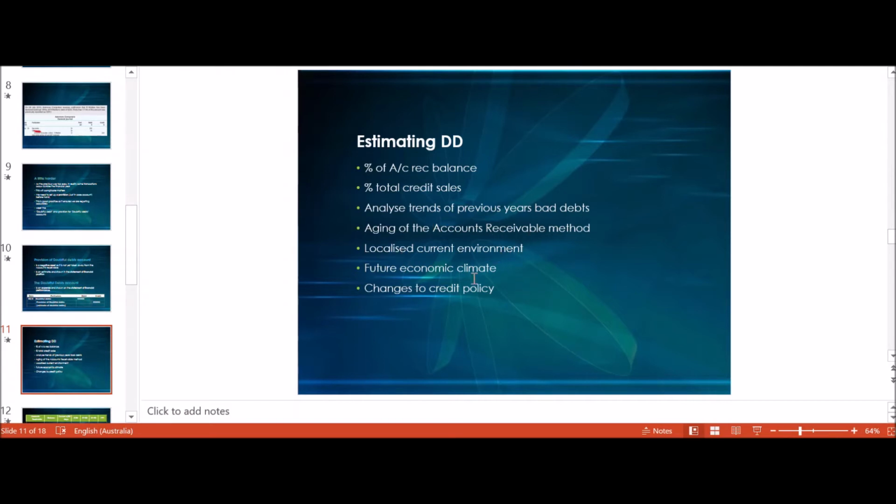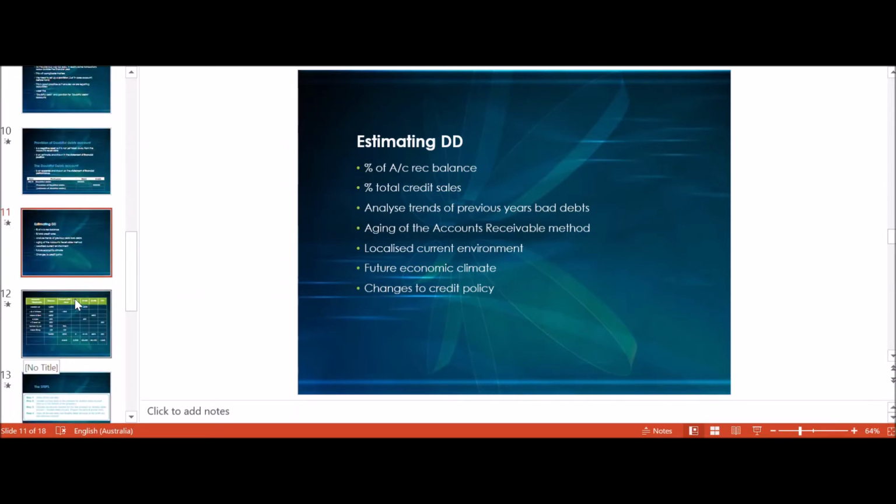We need to look at the business, what's happening, what regulations are in, how our business is going, and generally any changes you've made to credit policy. Too tight a policy, you might discourage potential customers from purchasing off you. At the same time, you need a strict tight policy because you need to stop potential bad debts from happening.